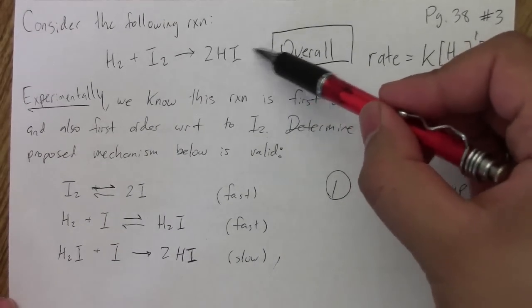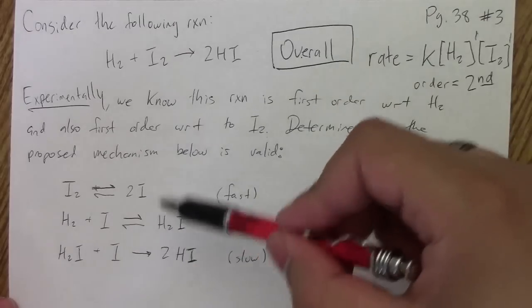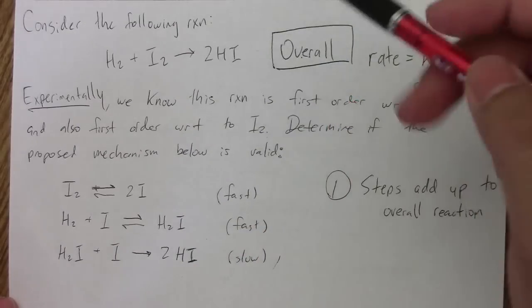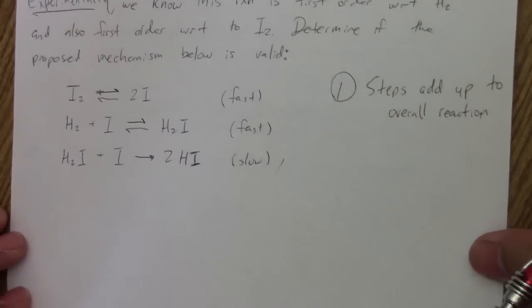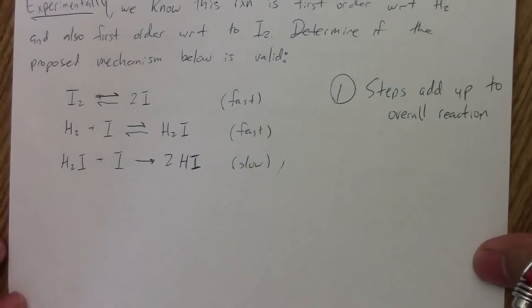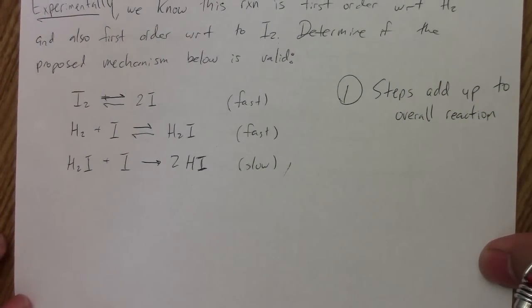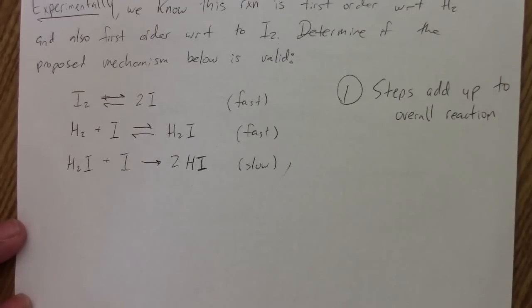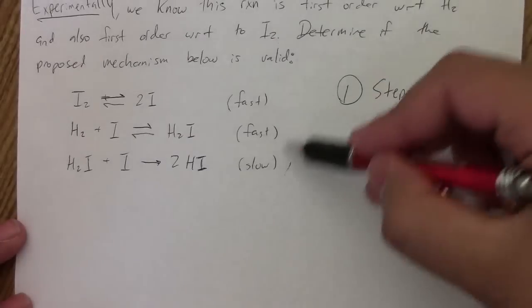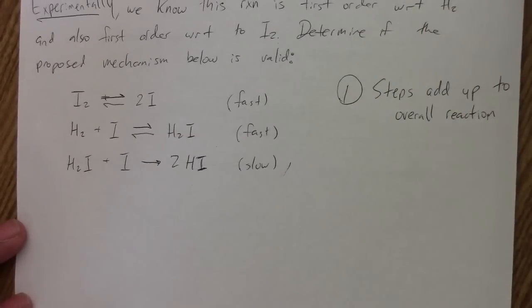This is what we're interested in, and if these steps don't add up to our overall reaction, basically our entire mechanism is pointless. So, in most cases, you have to imagine that the steps are going to add up to the overall reaction, but you never know. If they don't, then we're done. We can say, all right, well, clearly this set of mechanisms is no good.